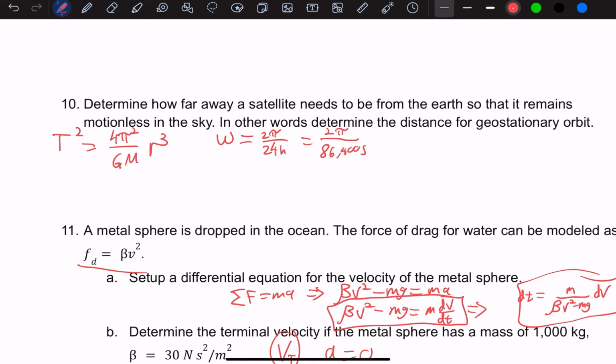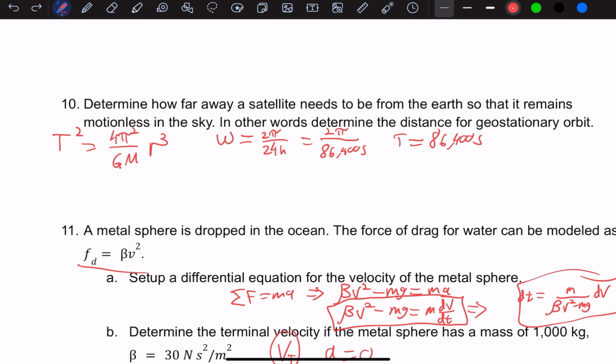That's going to give us essentially that the satellite is going to go one Earth rotation when the Earth does one full spin, one full day. In other words, the period needs to be 86,400 seconds. So that's not our final answer. I shouldn't box that. But that is going to be going into our period equation.